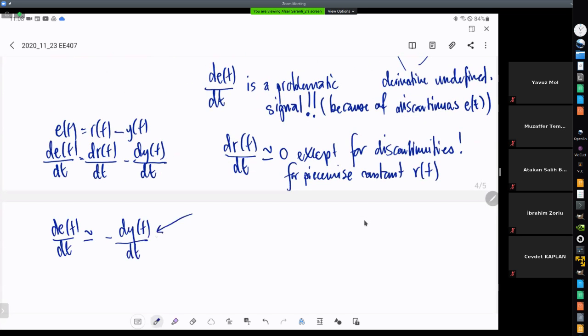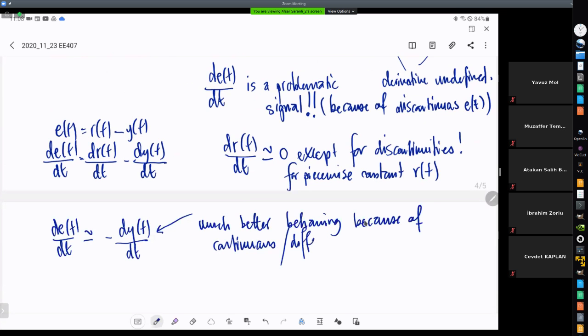And this derivative is much better behaved because of the continuous, differentiable system output.